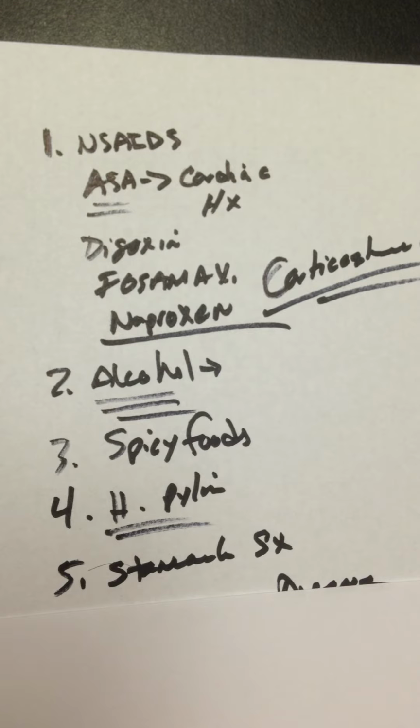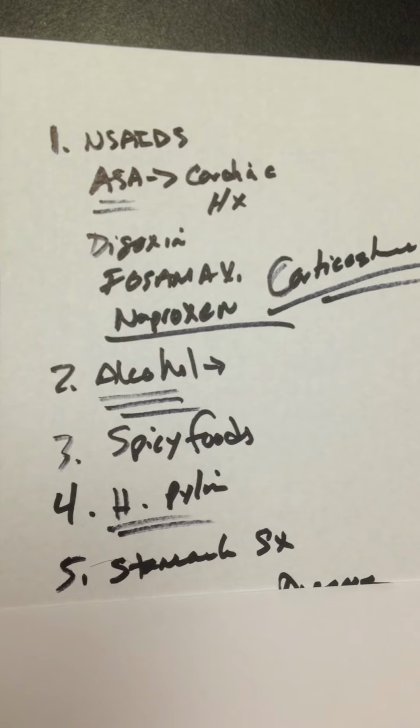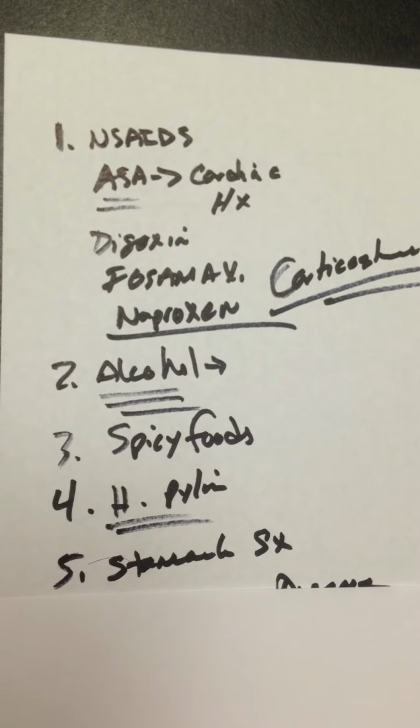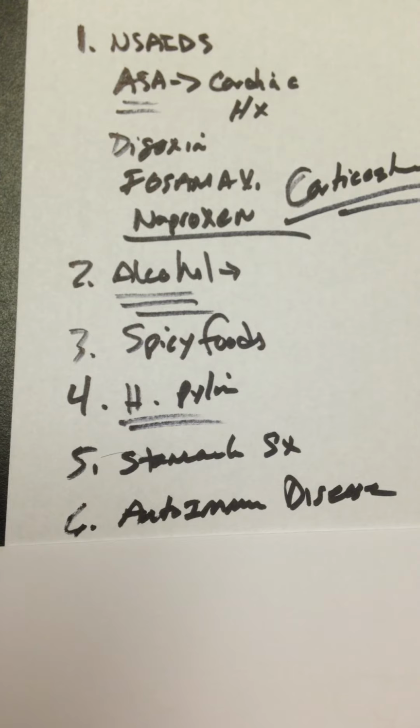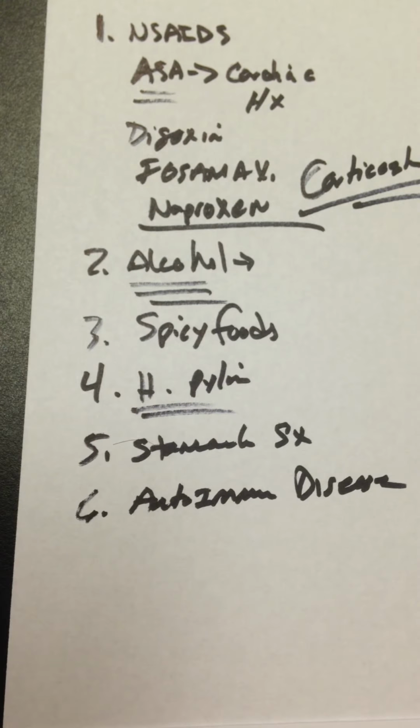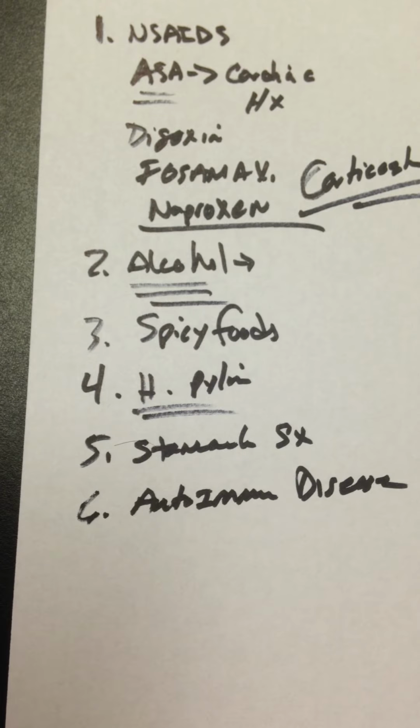Number 5, some type of stomach surgery, some type of resection will have an effect on causing some type of gastritis. Number 6, autoimmune disease. Now we talked about our little image here, and this is going to focus on our clinical manifestations. So let's move to those.